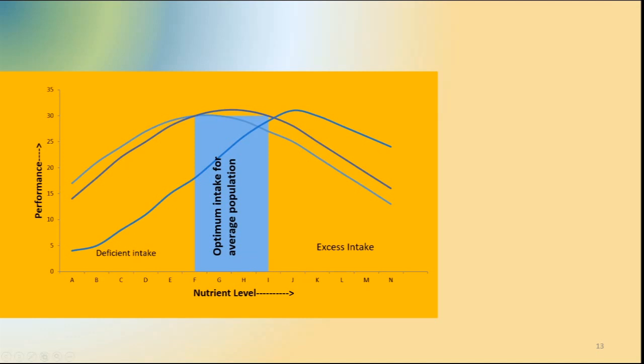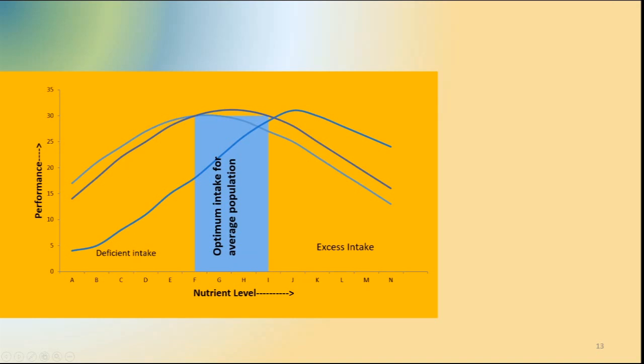But those animals whose performance is above the average population, more than 15, they get their optimum performance at an earlier nutrient intake as compared to the previous ones whose performance was less.